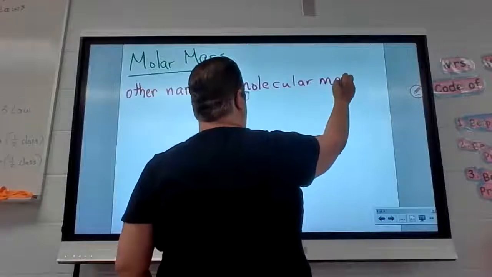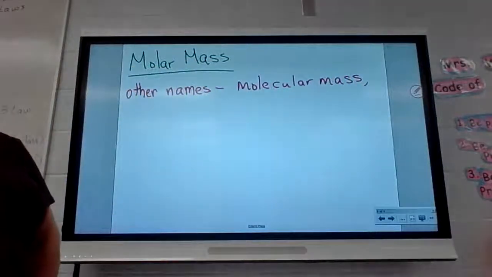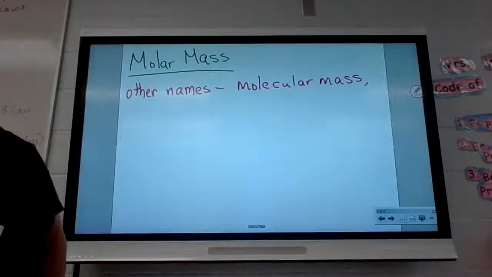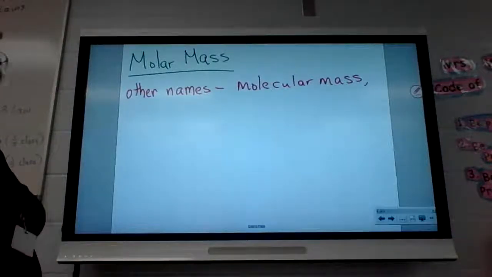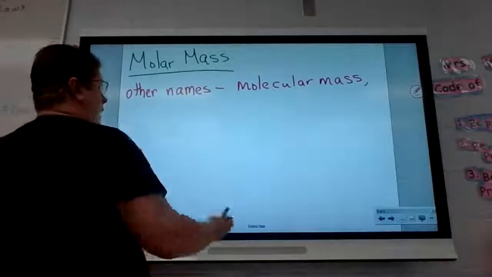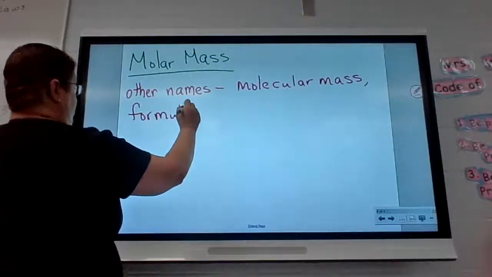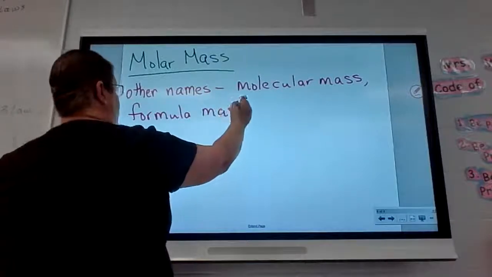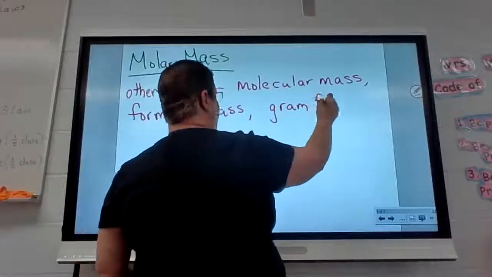And I will change these names as we cruise through the semester so you get used to hearing more than just molar mass. It can be called molecular mass, molar mass. You can call it mole conversions if you want a big title. All right, molecular mass, formula mass. I've even seen gram formula weight.